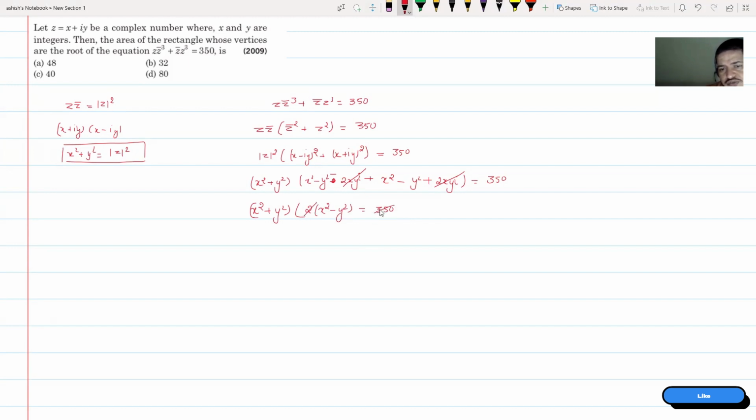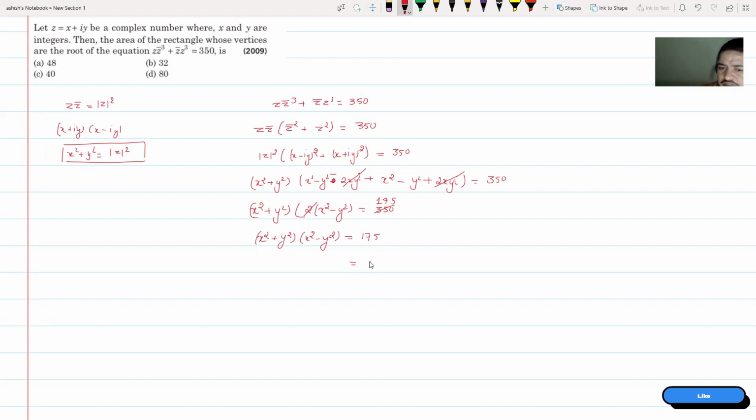If I divide by 2, 2 ones are 2, 2 sevens are 14, and we get 175. So the answer is x square plus y square into x square minus y square, that is equal to 175. If you solve it further, you will get 25.